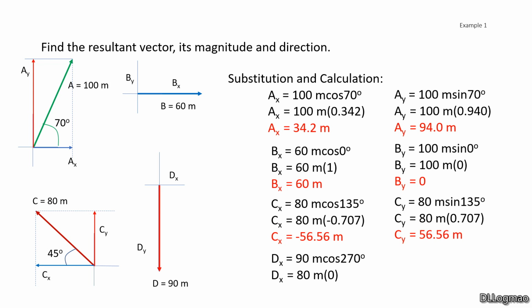The cosine of 270 degrees is 0. Thus, the x component is 0. The y component of vector D, D sub y, is equal to 90 meters times the sine of 270 degrees. The value of sine 270 degrees is negative 1. Thus, the y component of vector D is negative 90 meters.